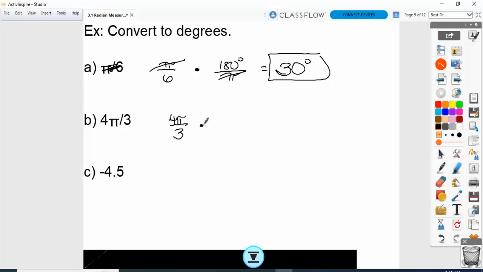If I want to change that into degrees, we multiply by 180 over pi, my pi's drop. So I have 4/3 times 180, which is 240.